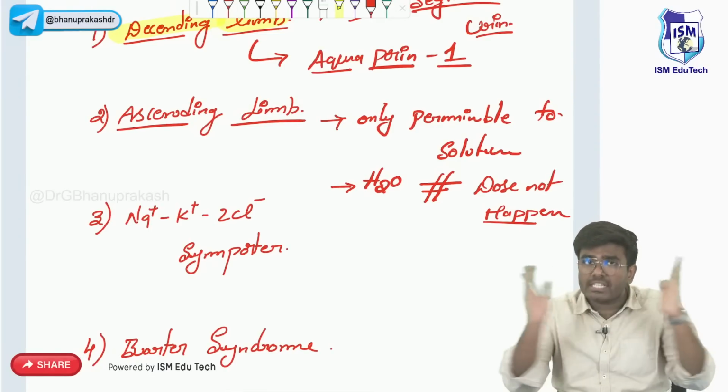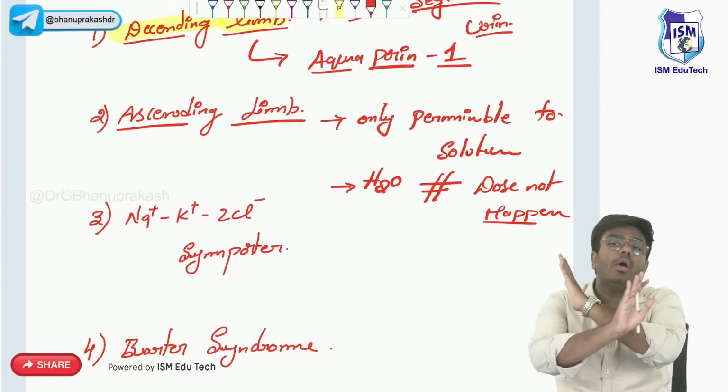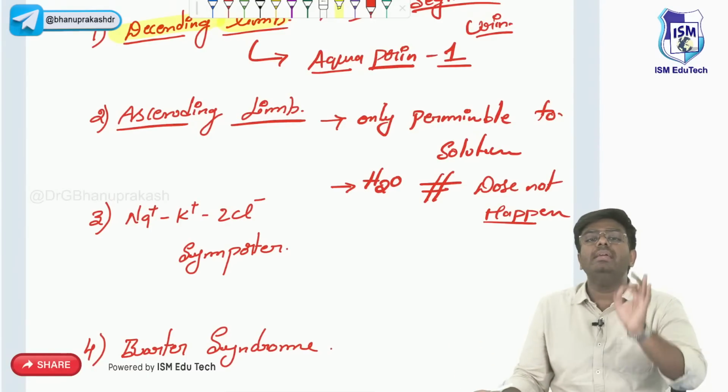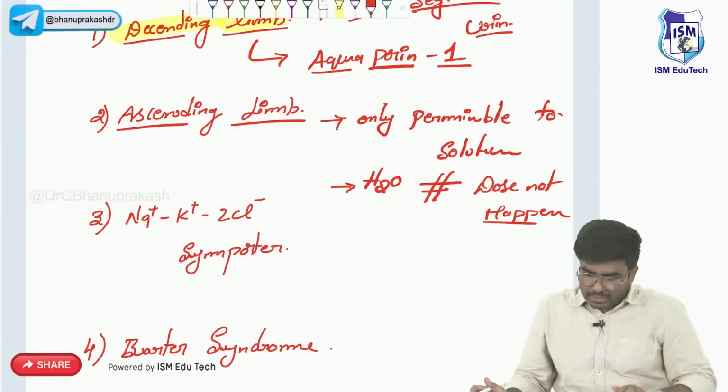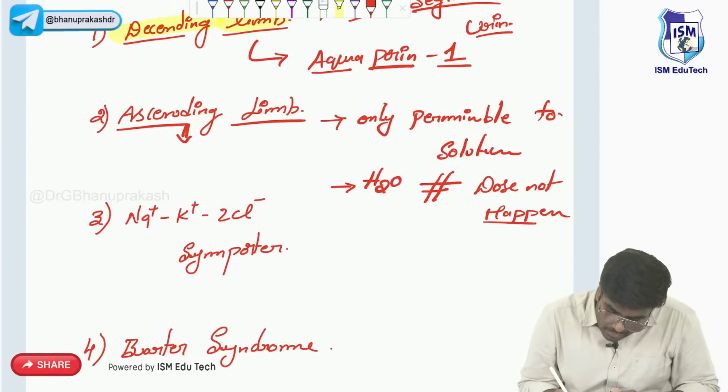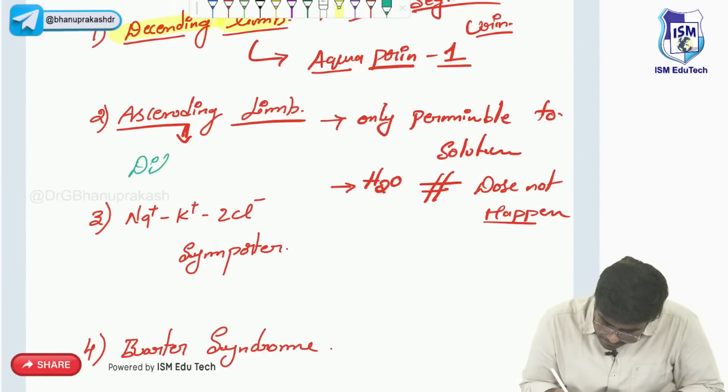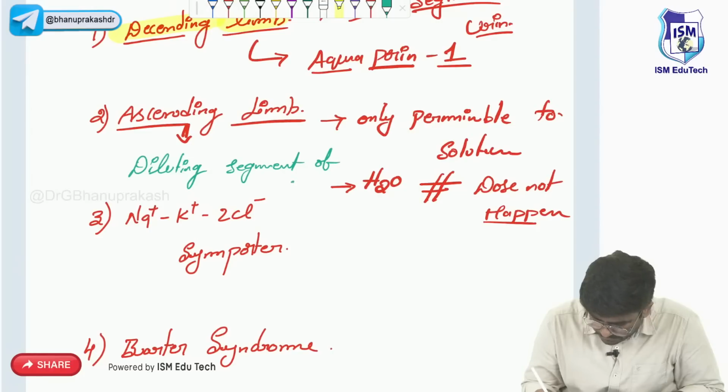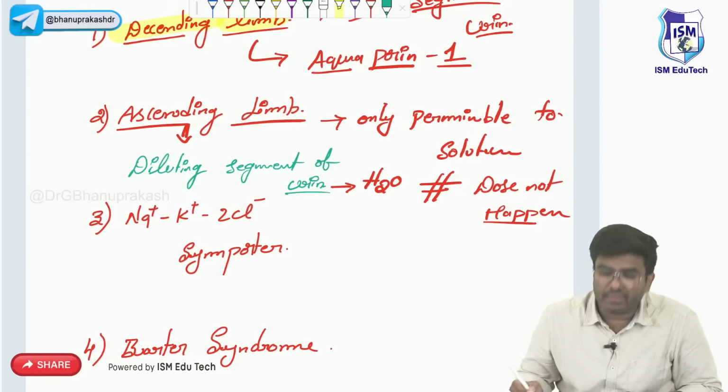No water is being reabsorbed. Only solutes will be reabsorbed. So that's the reason why ascending limb of loop of Henle is called a diluting segment of urine.